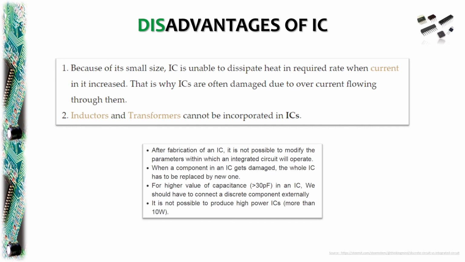So these are the basic disadvantages of the IC: unable to dissipate heat, then it gets damaged, it is not repairable, and inductors and transformers cannot be used with the IC. So these are the basic disadvantages.